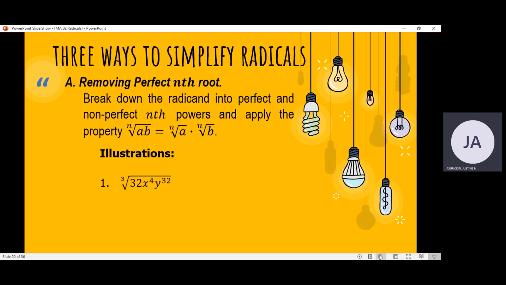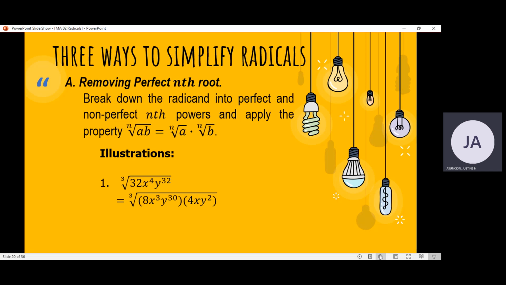Let's say we have the cube root of 32x raised to 4y raised to 32. Let's apply the property. We have the cube root of 8x cubed y raised to 30 times 4xy squared.